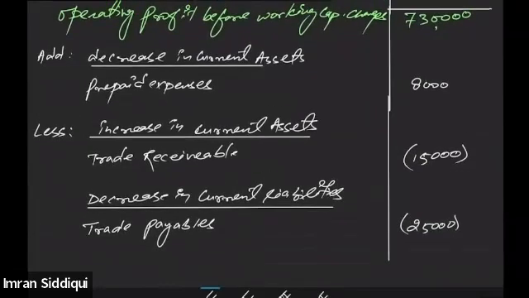All right, is this clear, everyone? Please confirm if it is clear, yes or no. Yes, sir. Okay. Then after adding 8,000 and subtracting 15,000 and 25,000, the final answer will be 6,98,000.